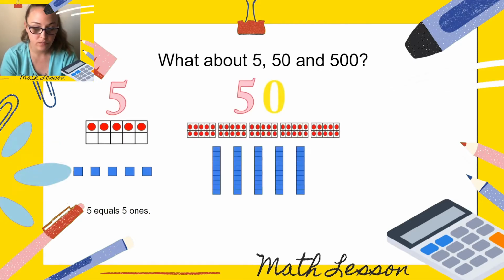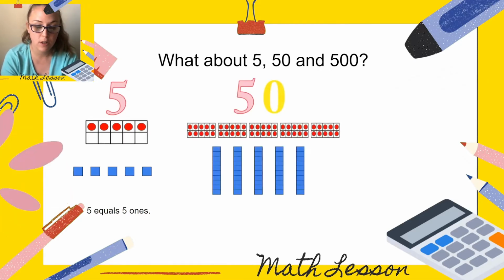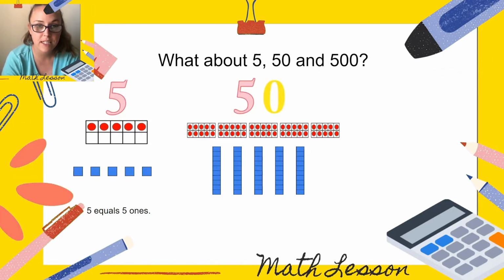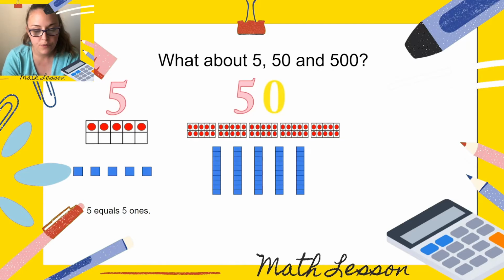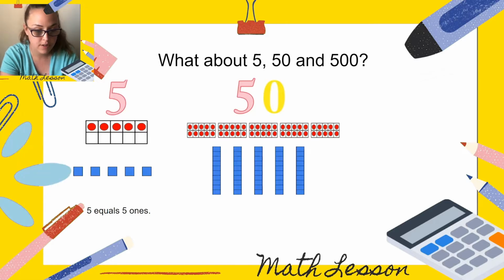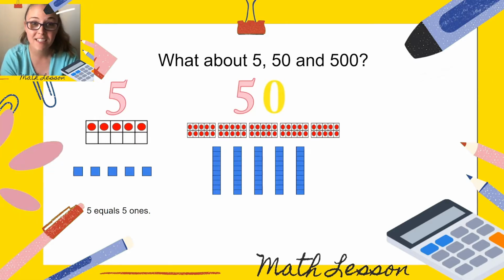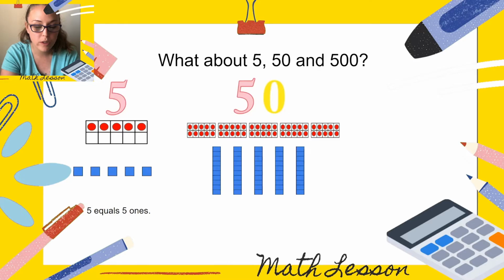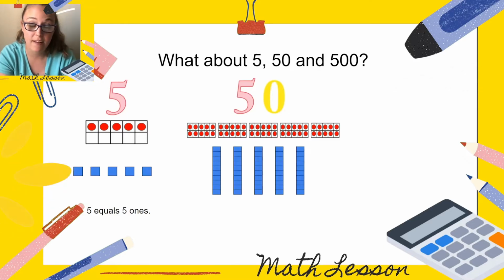These are 2. So the 10 frames are full and there are 5 of them. 5 10s equals 50. The same goes for the base 10 blocks. If we were to count the individual blocks or the individual counters here, you would count 50. But we don't have to do that because we know that a full 10 frame equals 10.